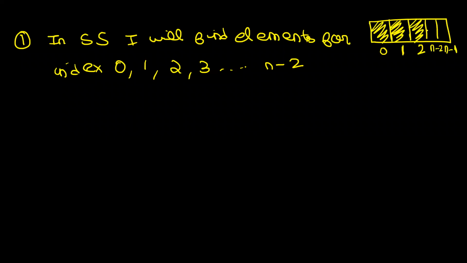Then you select index number n minus 2, bring the correct element here. Once all the correct elements are here, won't the last index automatically have the correct element? Tell me. Boss, if from index 0 till index n minus 2, all elements are correct, then index number n minus 1 will automatically have the correct element. Yes?